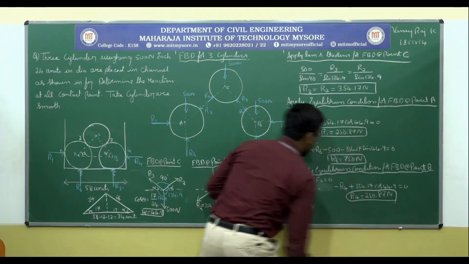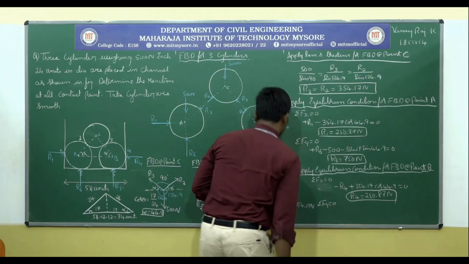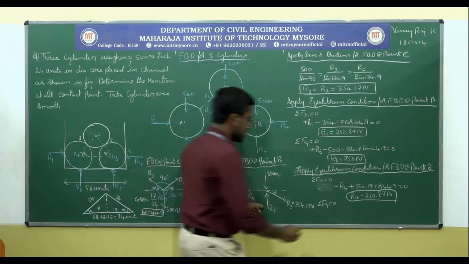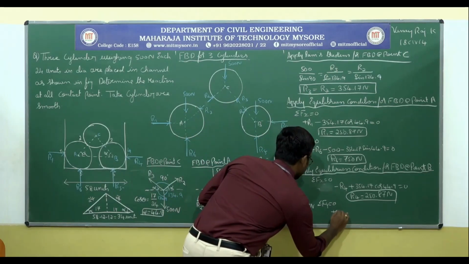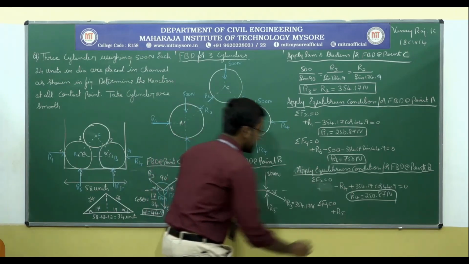Now let us apply the next condition, that is summation of Fy is equal to 0. In this there are three vertical components. The first one will be plus R5. This will be minus 500.